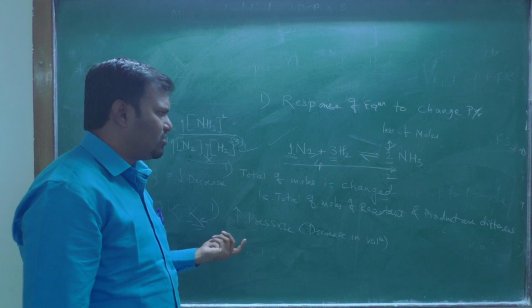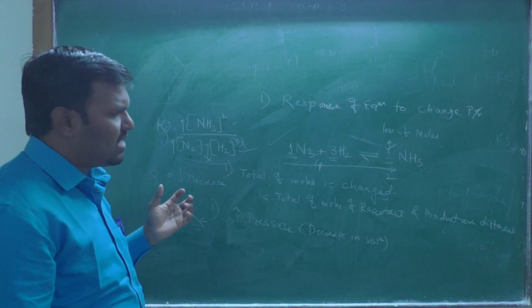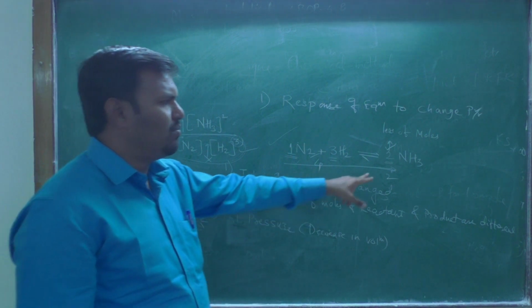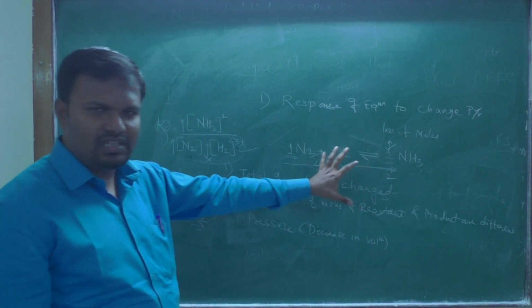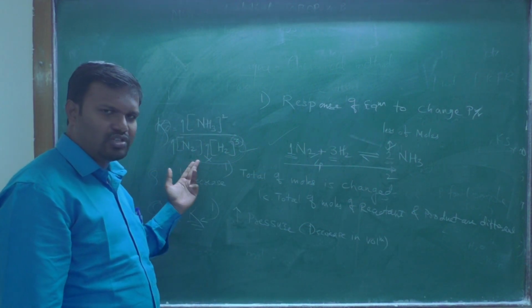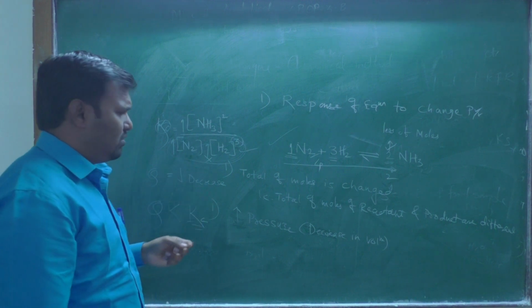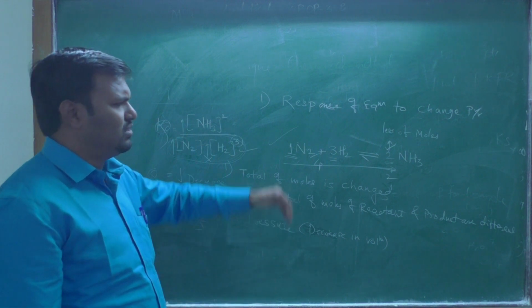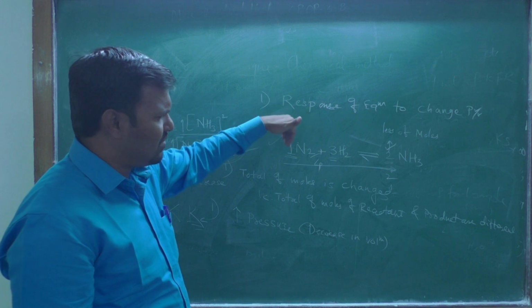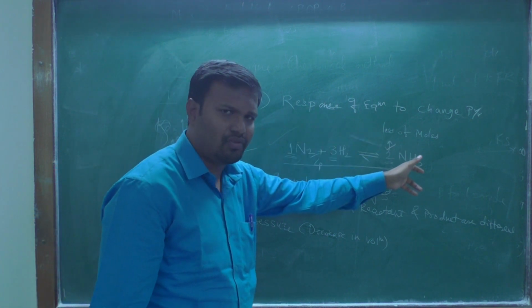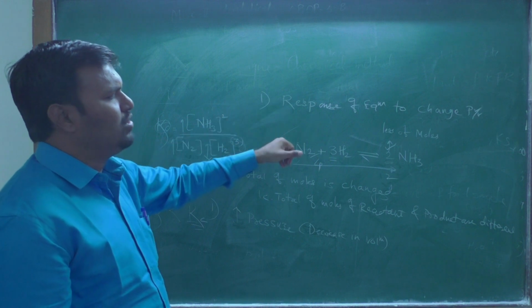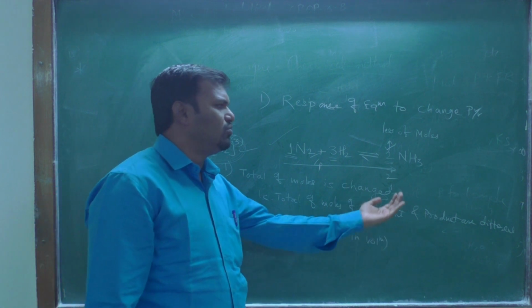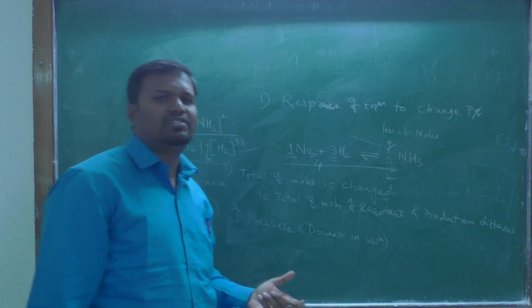If you increase the pressure, your equilibrium is shifted to that side where the lesser number of moles is present. This is decided by observing this equation, by reading this Q we can predict where the reaction proceeds. Suppose the reactant side has 2 moles and the product has 4 moles, and you increase the pressure, then your reaction equilibrium will be shifted to the left-hand side, where the lesser number of moles is.